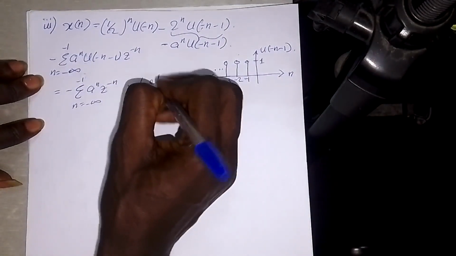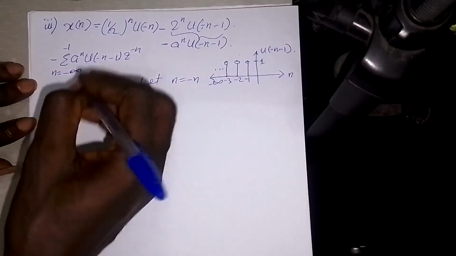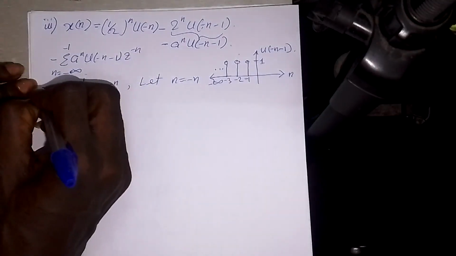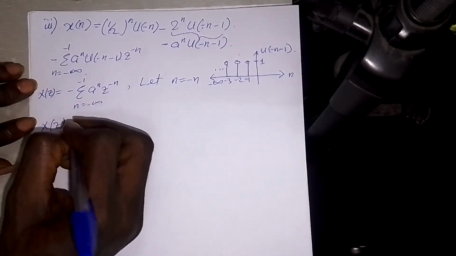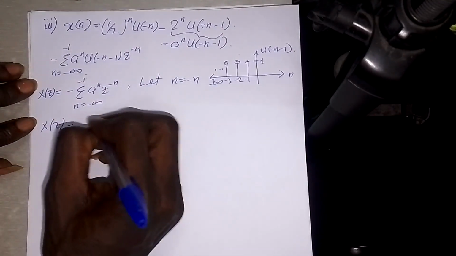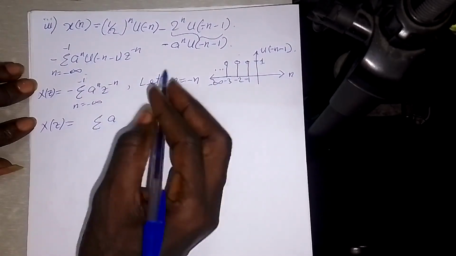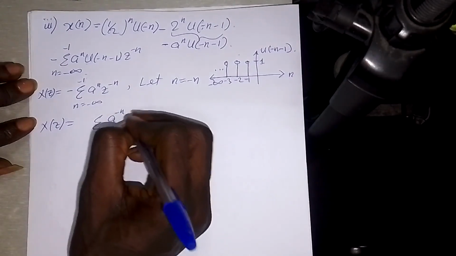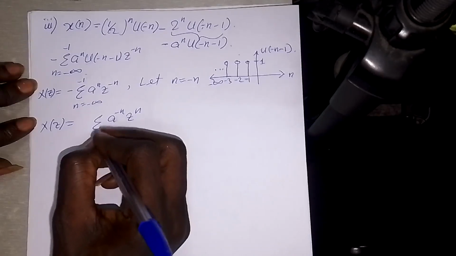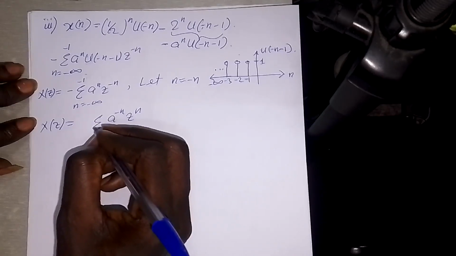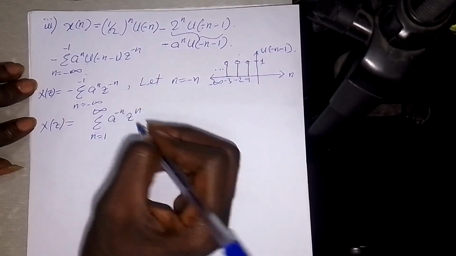So let n equal minus n. Please note that I'm trying to find the z transform. If I do that, here it's going to be minus n, and here positive n, and the limit will change: n equals 1 to infinity.